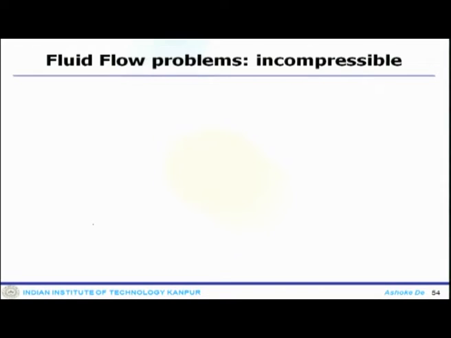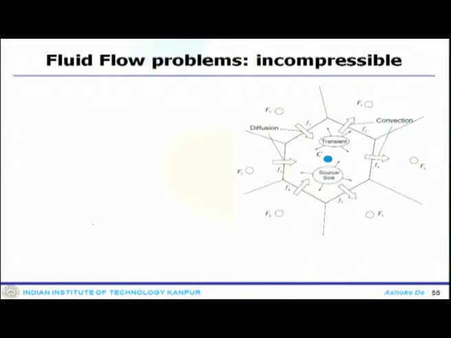So, let us consider this element, which is a very standard unstructured element, and element C, where the cell center is there. Then you have all these 6 surrounding elements, then you have these faces, all these faces are there.